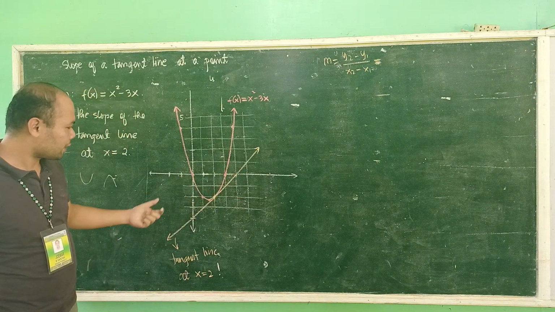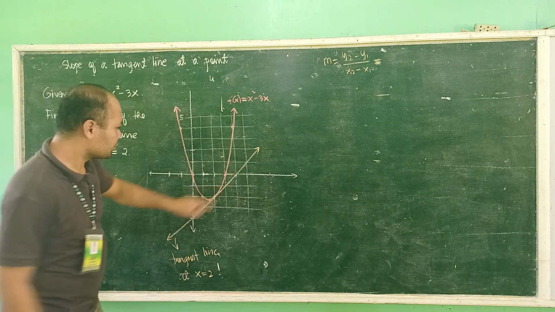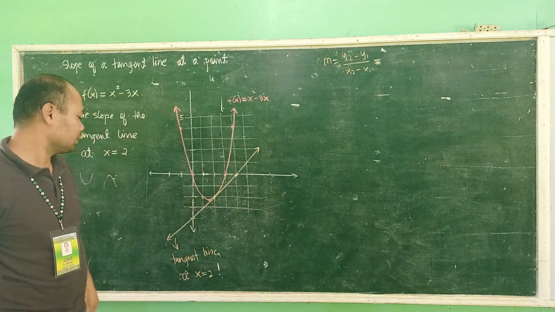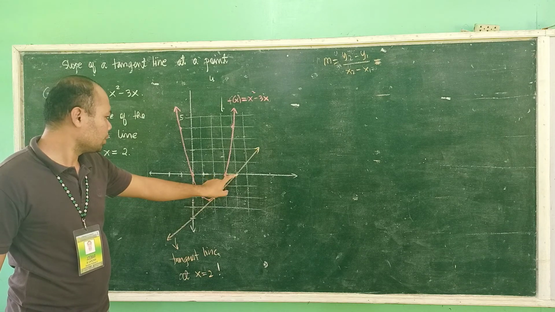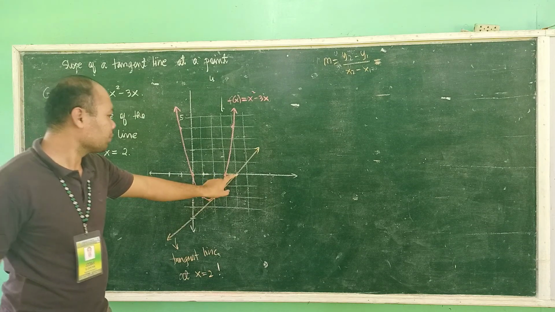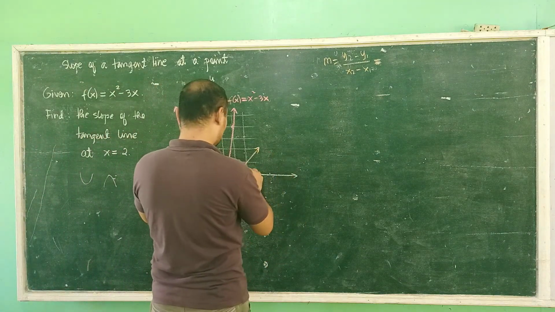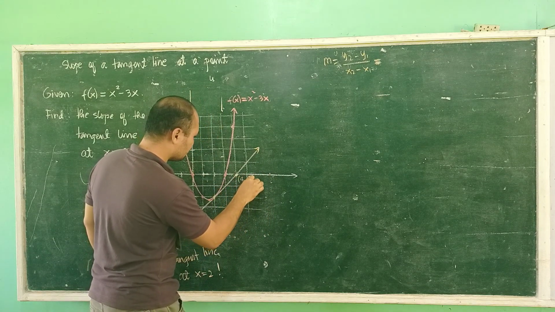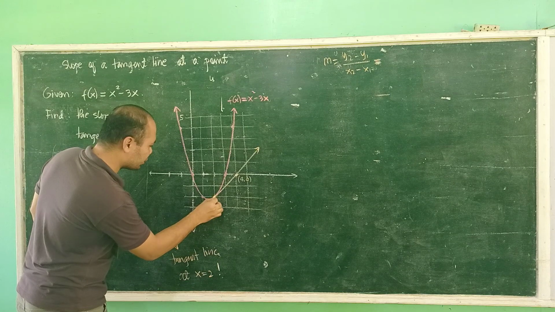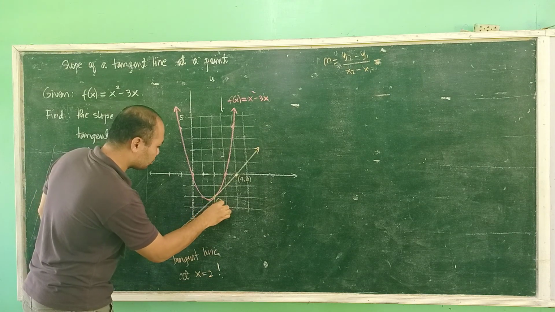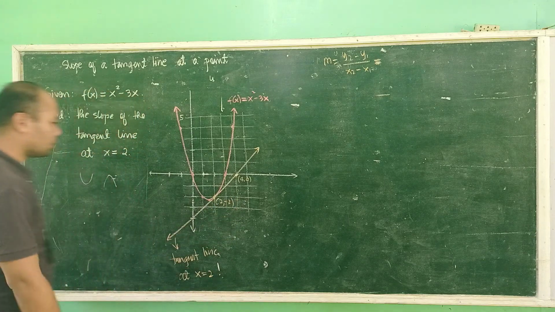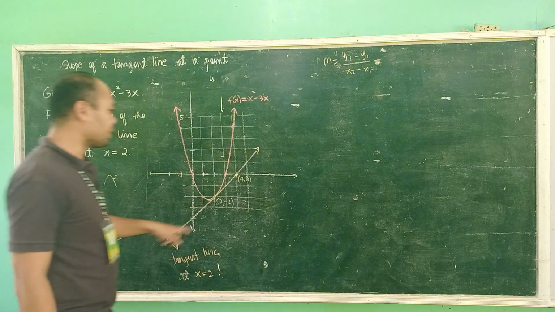So if we take this point, for example, what's the coordinate of that point? 1, 2, 3, 4. So the coordinate of this point is (4, 0). And of course, this other point is (2, negative 2). So we can solve for the slope basically.